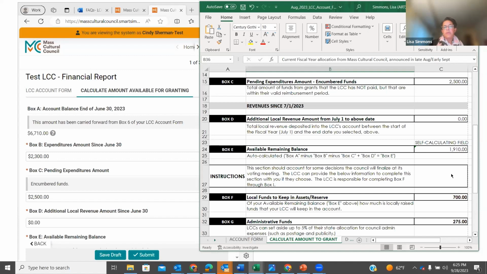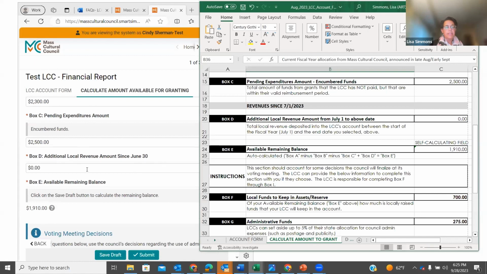That's where this money would go in. This is additional revenue that you've taken in fiscal year 24. So in this case, we're going to say in box D, it's 0. So it's a cut and paste.